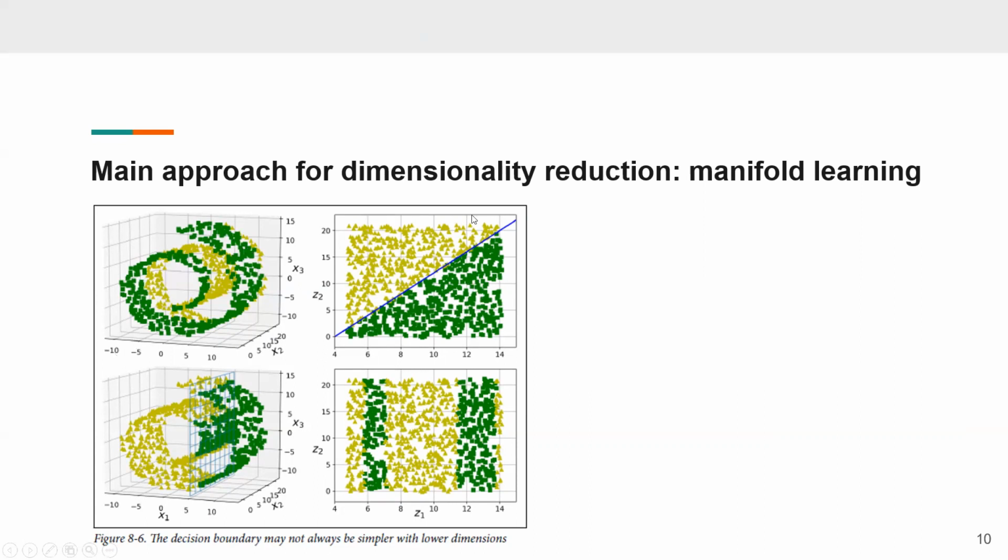As a result, in the two-dimensional space, you see that the green and yellow points can easily be differentiated by this classification line. That's good news. Essentially, manifold learning is going to work in this example on the top chart.